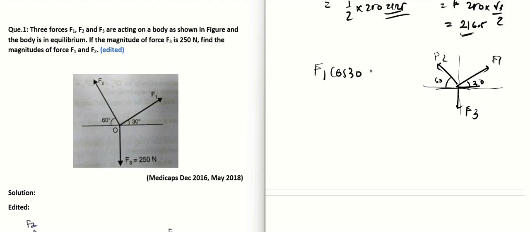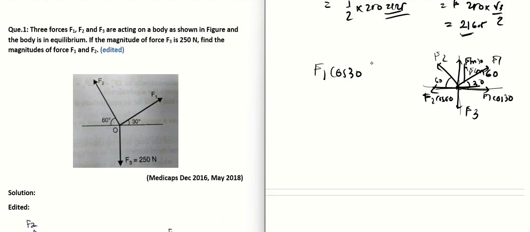F1 cos 30 will be the component of F1 in the horizontal direction, and F1 sin 30 will be the vertical component. For F2, the horizontal component will be F2 cos 60, and the vertical will be F2 sin 60.